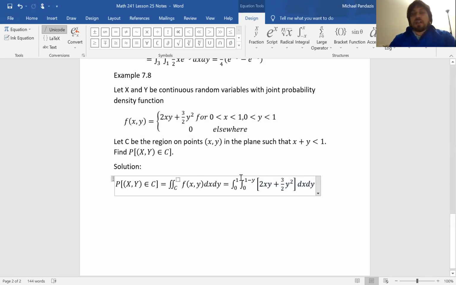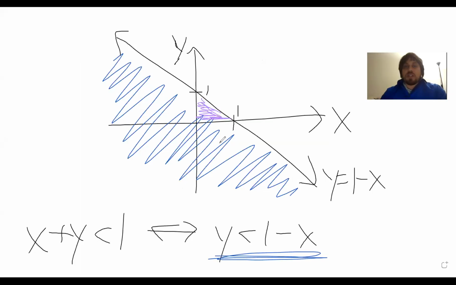Okay, so if we have 0 to 1 minus y and 0 to 1, that, right? So 0 to 1 minus y. Okay, so actually what we're doing is we're integrating here.